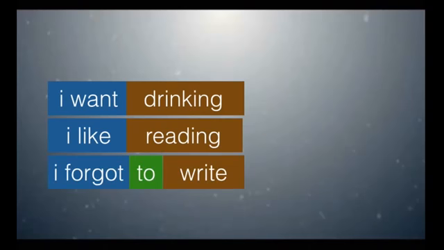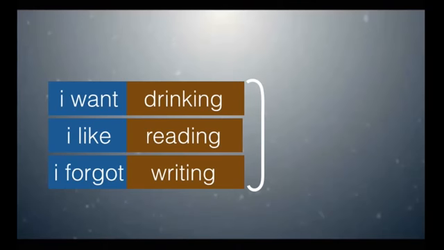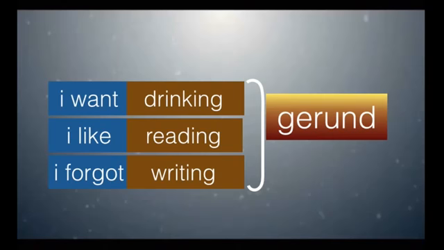If I say I forgot to write, we can say I forgot writing. So to drink, to read, to write can be changed, and we can use these words which make the exact same meaning and sense. So what is this drinking, reading and writing? The word with ing is called a gerund.